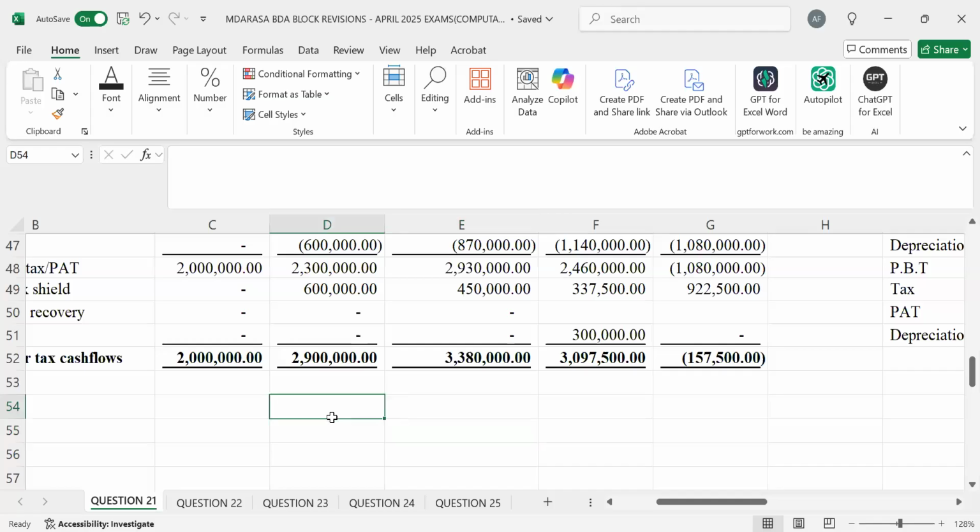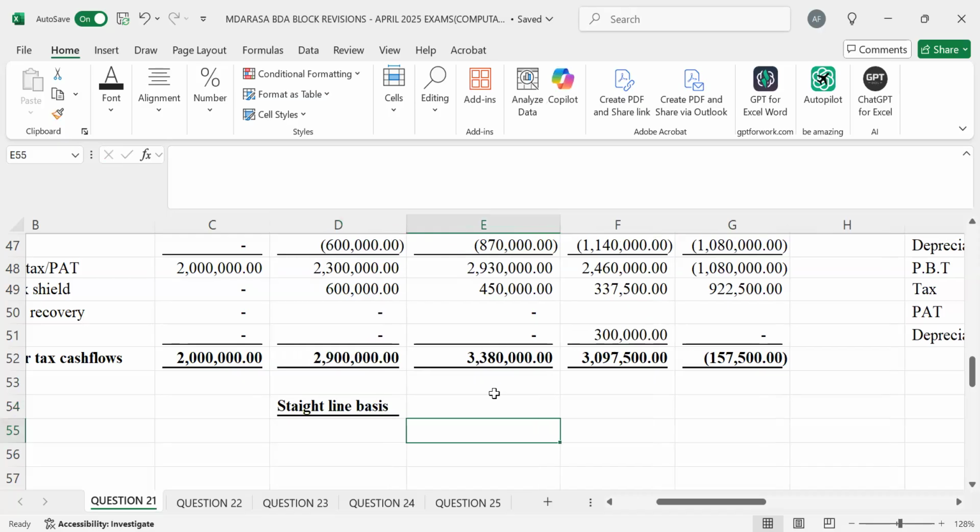The reason why, if we are using straight line basis, if I told you to use the straight line basis, this would have been the case, normal case, because it is a constant depreciation over the years. We could have taken our cost minus the scrap value that you're having. Divide by what? Estimated useful life. This is straight line basis.